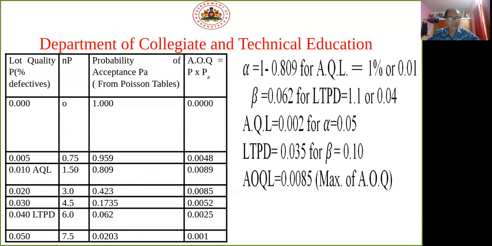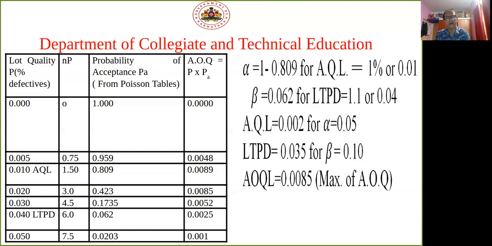Similarly, then we have to go down from AQL 0.01. You can go for the next values 0.02, 0.03, 0.04 and 0.05. For those values, we will get the NP, and for the value of C, we will get the value of PA as shown in the tabular column.